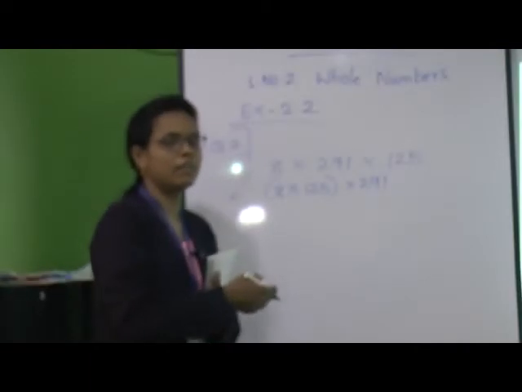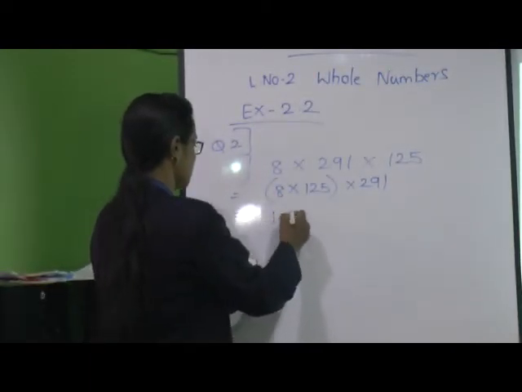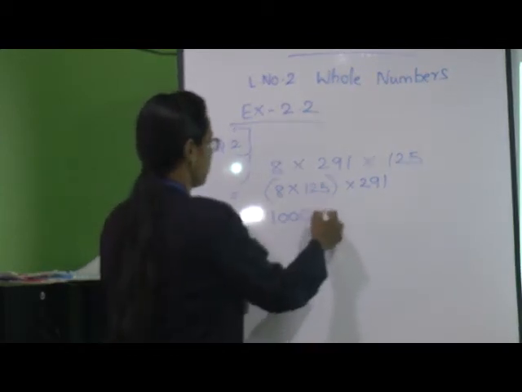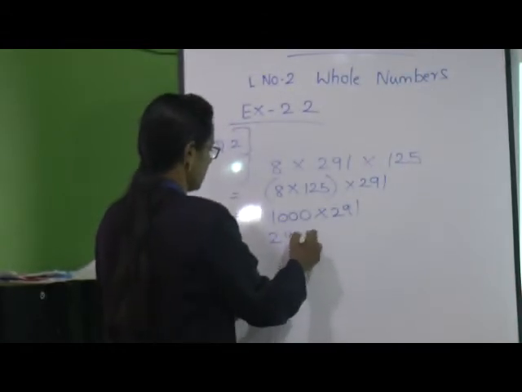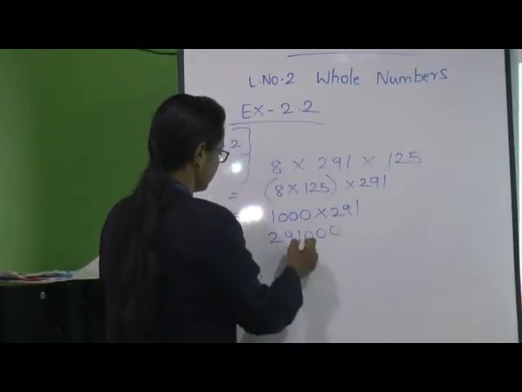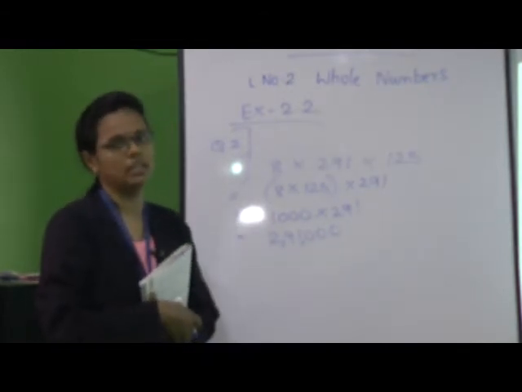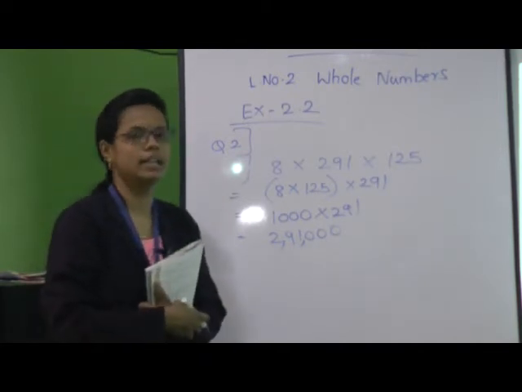So what is the answer of 8 multiplied by 125? It's 1000. It's 1000, and when we multiply it by 291, we get the answer 2,91,000. Okay. So these were the examples to do the rearrangement.